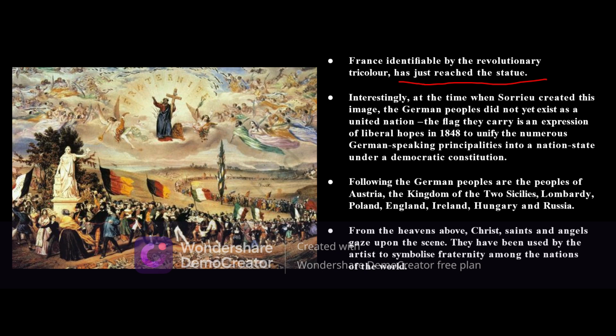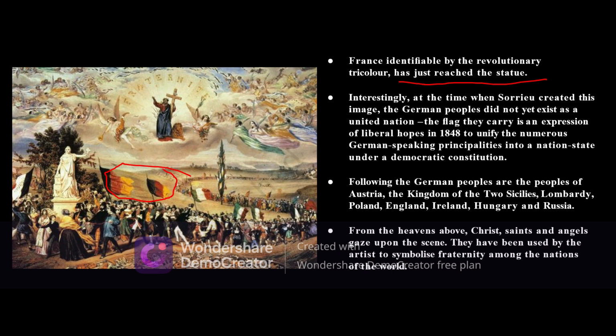Interestingly, at that time, when Soreau created this image, the German peoples did not yet exist as a united nation. The flag they carry is an expression of liberal hopes in 1848 to unify the numerous German-speaking principalities into a nation state under a democratic constitution. So we can see the flag of Germany here.